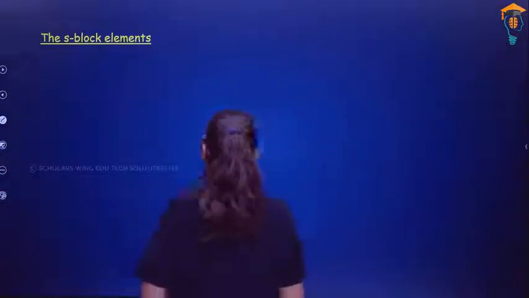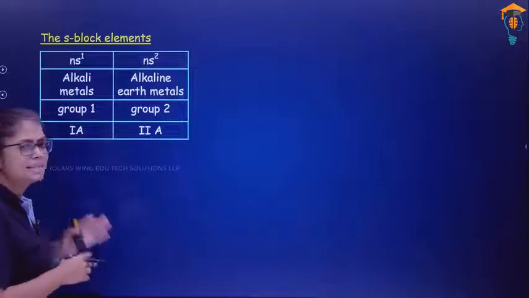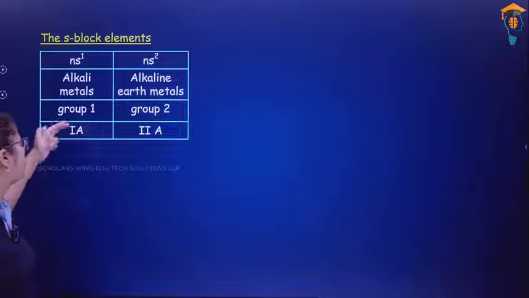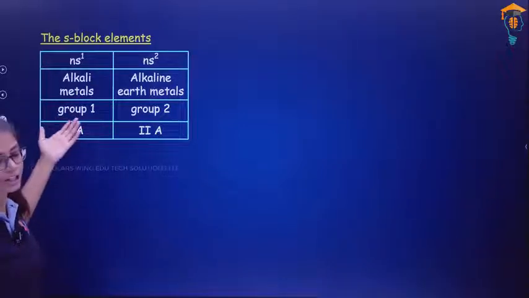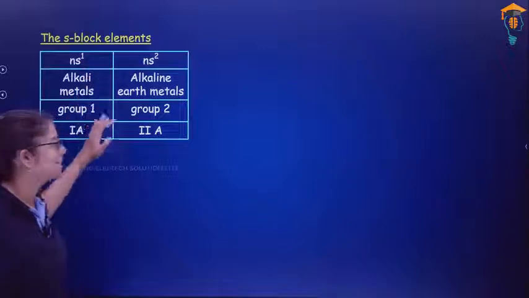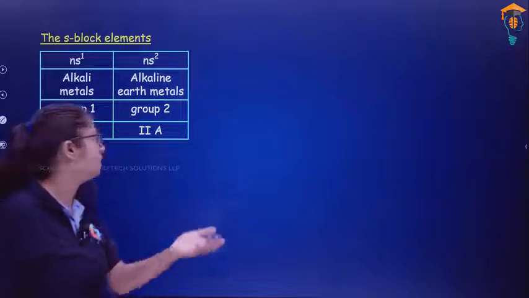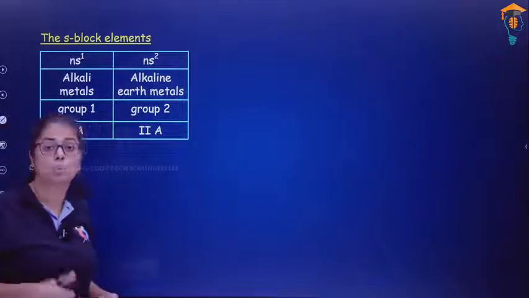What are the elements in these two families? Let us see quickly. Just now I told you that ns1 is alkali metals, group 1 or first A from the old Mendeleev's periodic table. Then ns2 is alkaline earth metals, group 2, or second A from Mendeleev's periodic table, but from IUPAC they will be called group 1 and group 2. What are the elements?